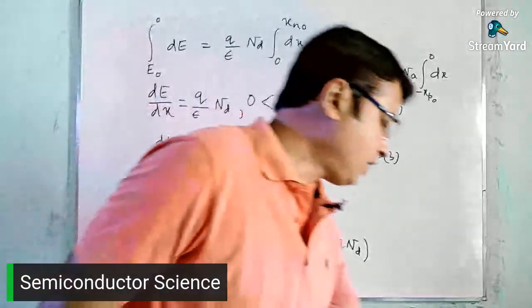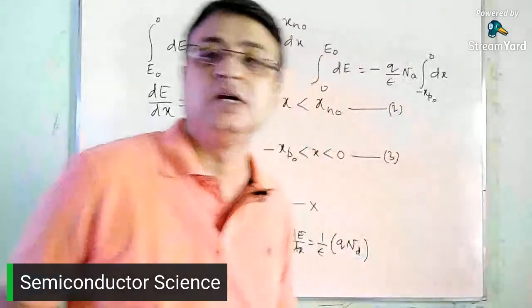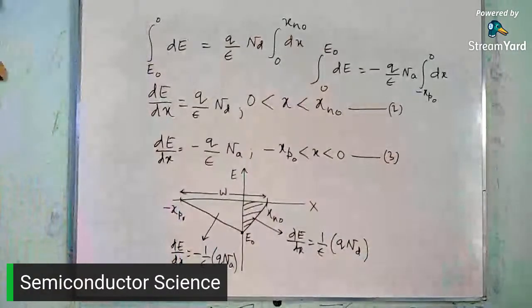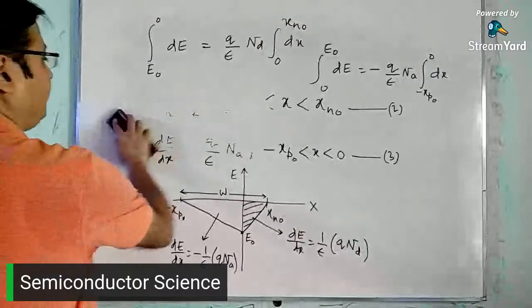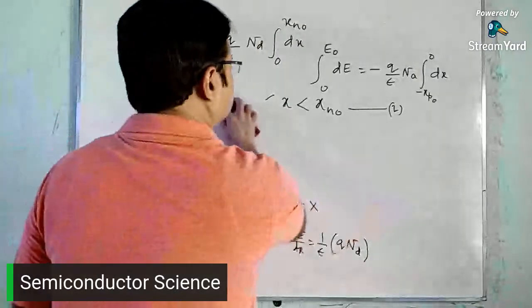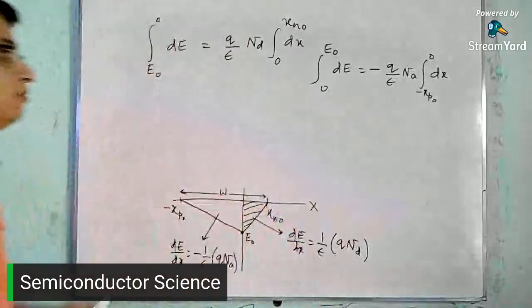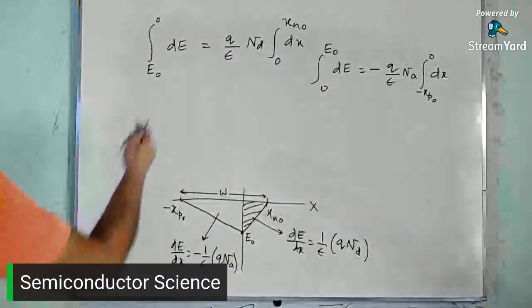From these two integrations, we can find the value of E0, the maximum value of the electric field within the transition region at x equals 0.